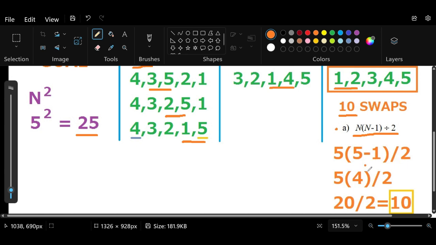And remember, because we have a parentheses here, we need to do a minus first, and then we get this. So 5 times 4 is 20, divided by 2 gives us 10, which is what we also found as the number of swaps. Therefore, the correct answer is letter A.